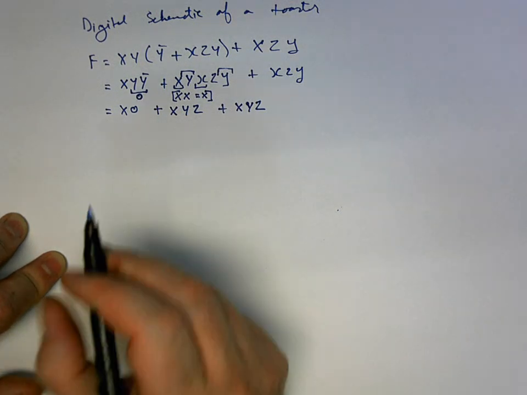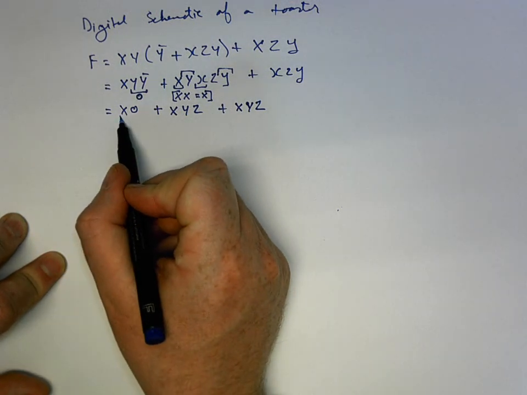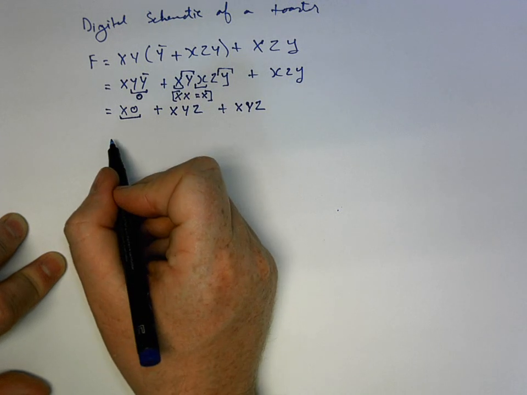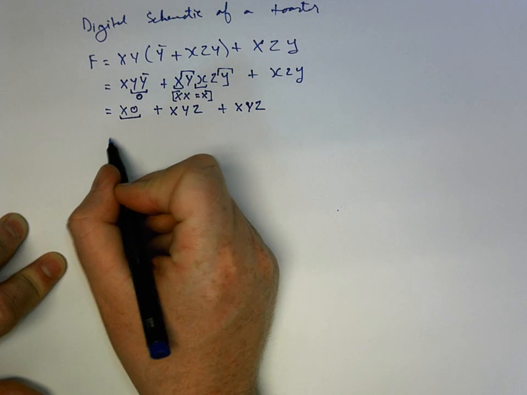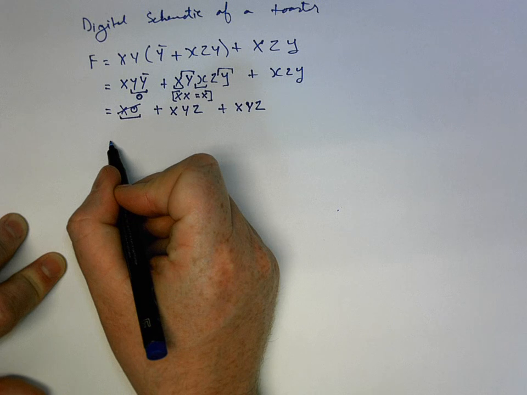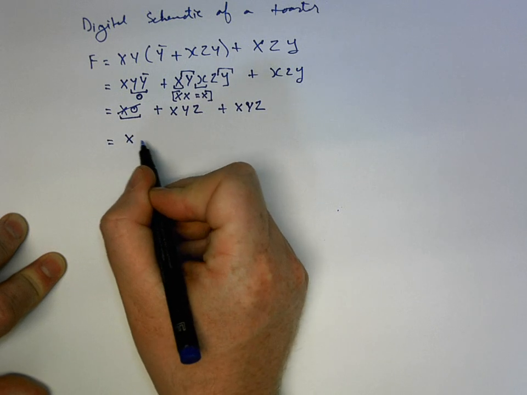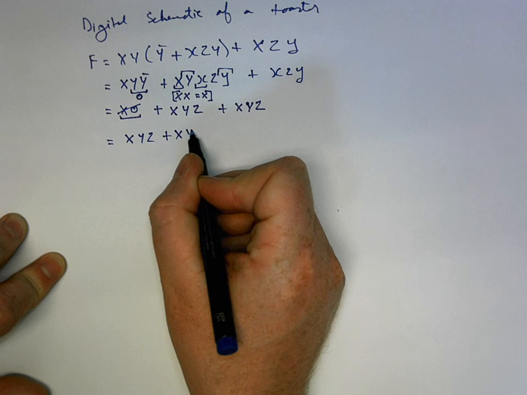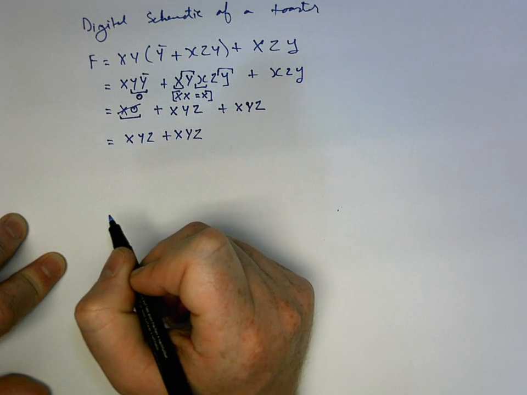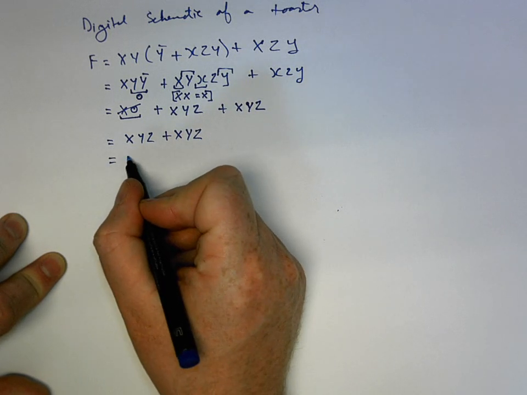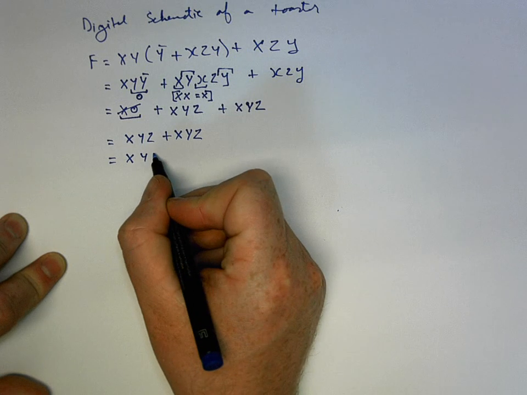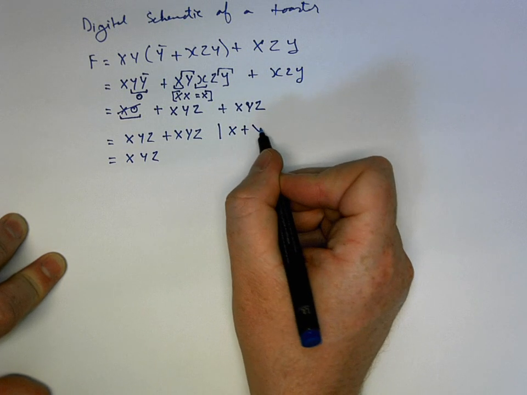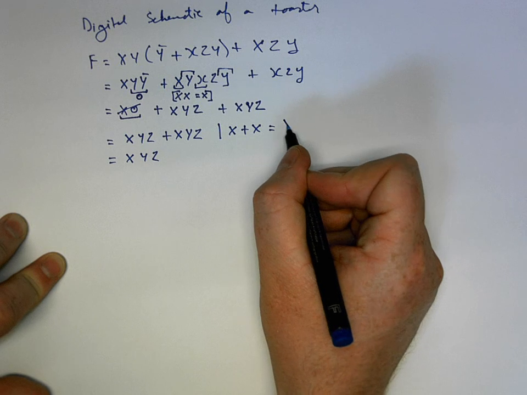Now in the Boolean identities as well, if we have x ANDed with a 0, well, that's going to just yield a 0. So we can eliminate this term. So we end up with x, y, z, or x, y, z, which is simply equal to x, y, z, because of the identity x or x is equal to x.